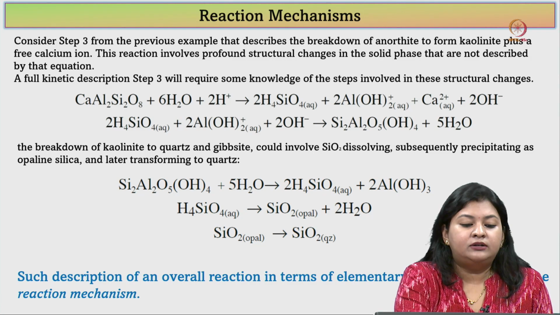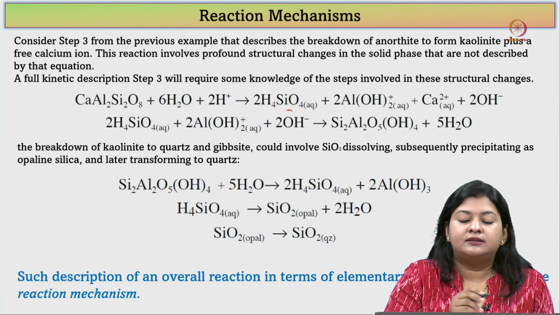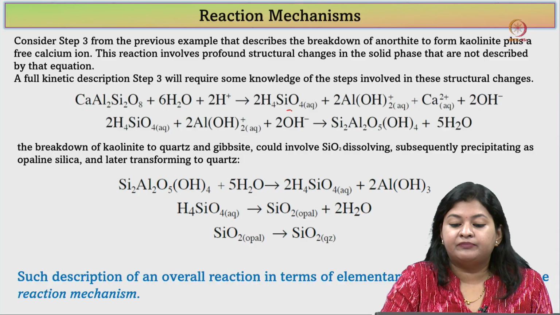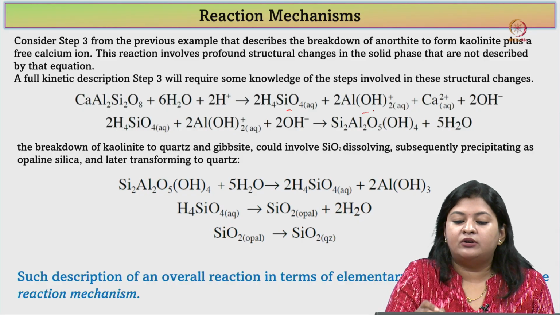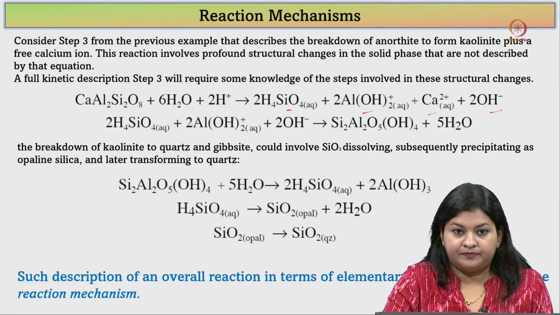Anorthite plus 6H2O plus 2H plus will give us dissolved silica (aqueous), aluminum hydroxide (aqueous), calcium 2 plus and hydroxide ions.